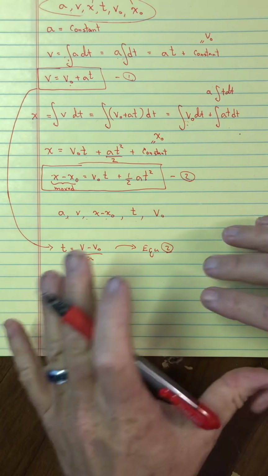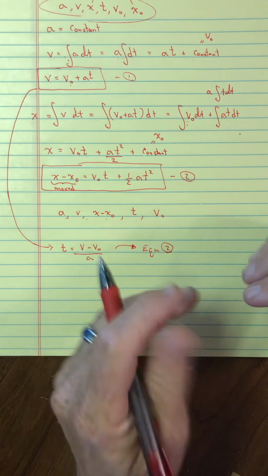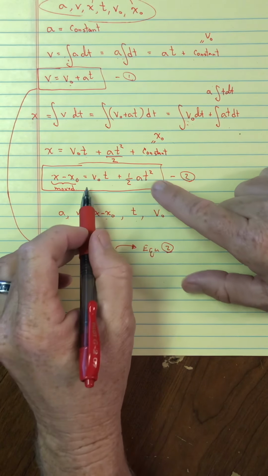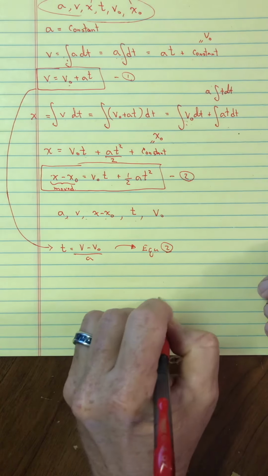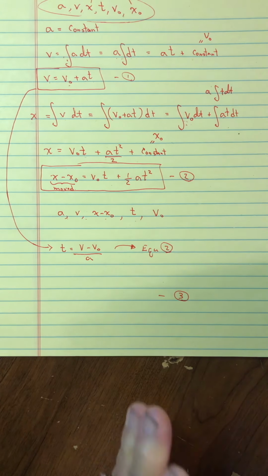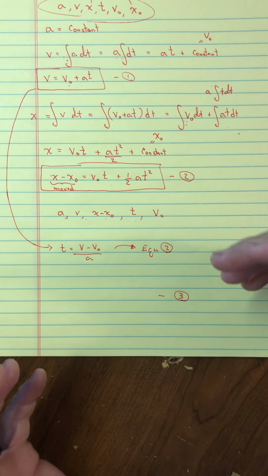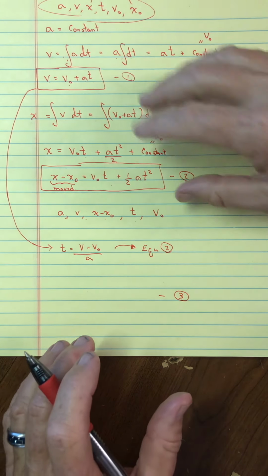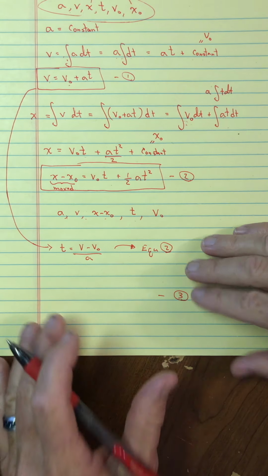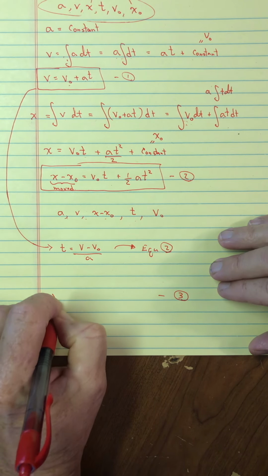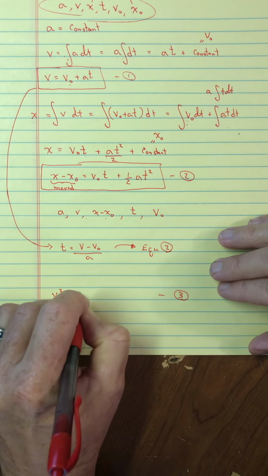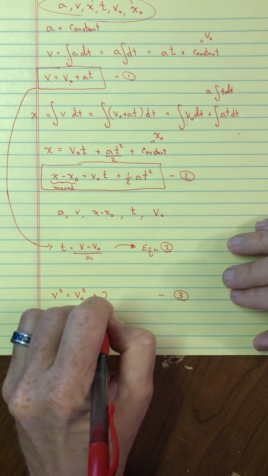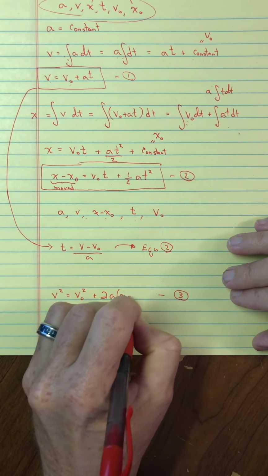Now, I did that in my video lecture, so let me not do it again here in this kind of helpful video. But if I did that, then the combination of these 2 equations would give me what I call equation number 3. And equation number 3 then would be one that would eliminate time from that. And it would come out to look like this. It would be velocity squared is equal to initial velocity, or velocity when time equals to 0, plus 2 times the acceleration times the distance traveled.